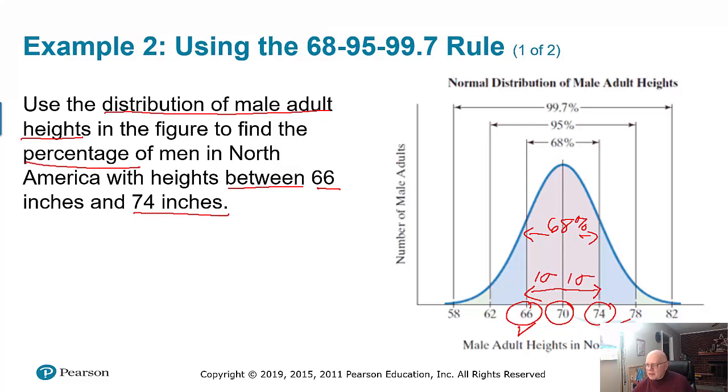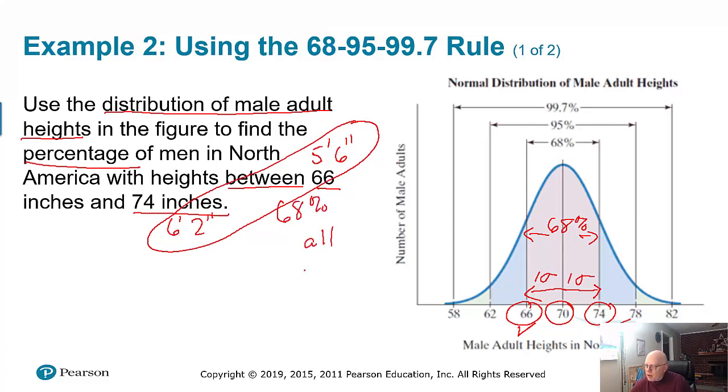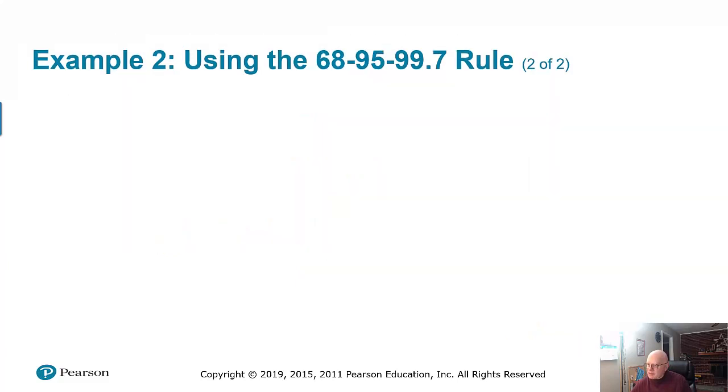And you might think about that. Remember, the 66 inches is 5 foot 6 inches, and this is 6 foot 2 inches. Now, doesn't it make sense that these 2 would cover 68% of all men in North America, adults that is? That's how you work it.